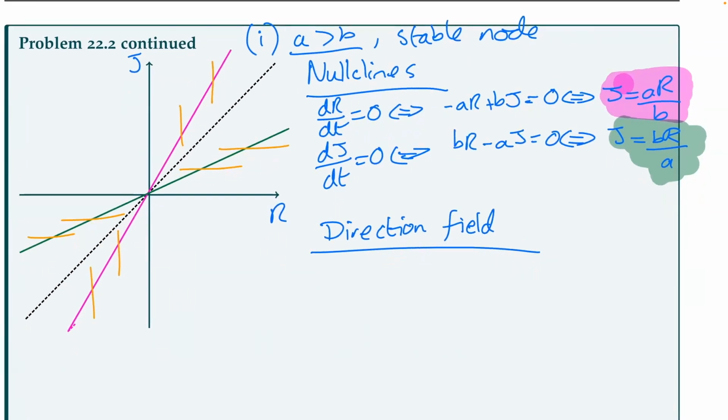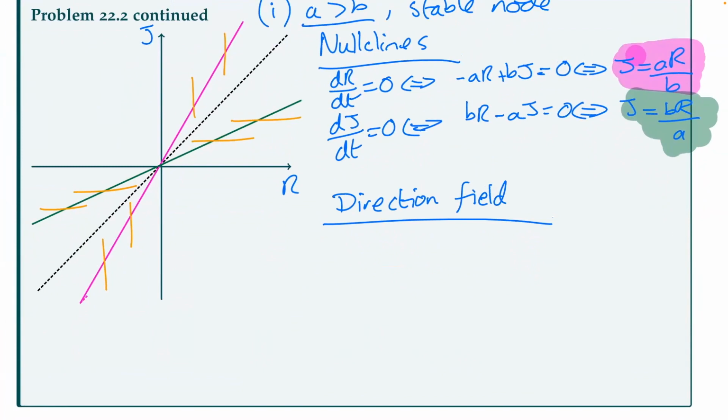Okay, have a go at finding the direction field, whether these arrows are going up or down. Remember, what we're doing is picking a point on either the pink line or the green line. We know that in the case of the pink line, for example, dr/dt is equal to 0, so we just have to look at the movement in dj/dt.